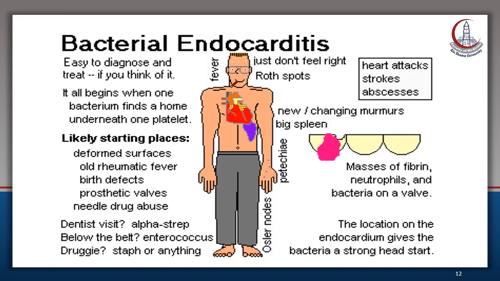Clinical manifestation of endocarditis starts with constitutional symptoms in the form of fever, which occurs in more than 80% of cases, chills, night sweats, and anorexia. It may be associated with symptoms from obstruction of the heart valve, with signs of a new murmur and heart failure.